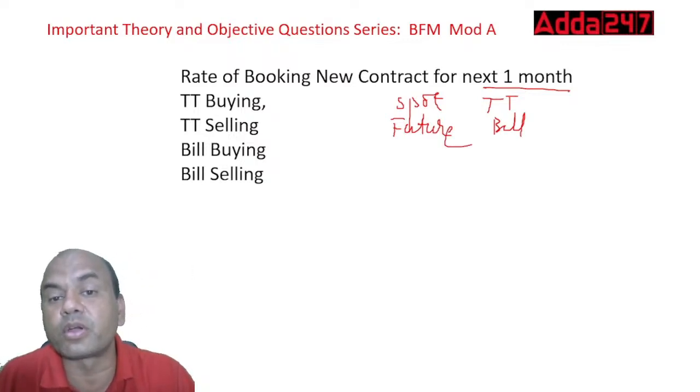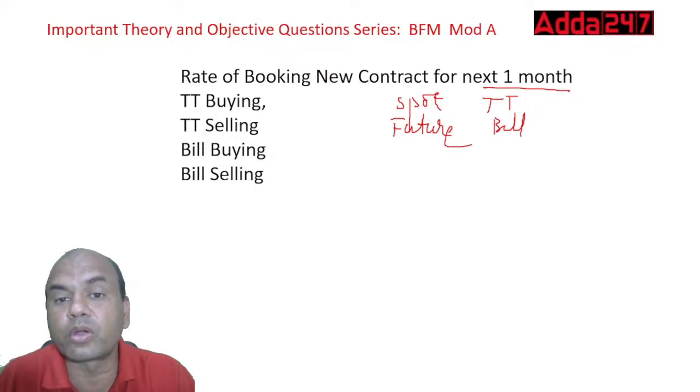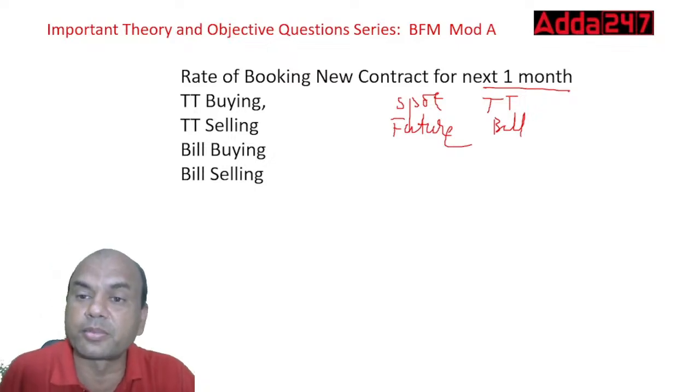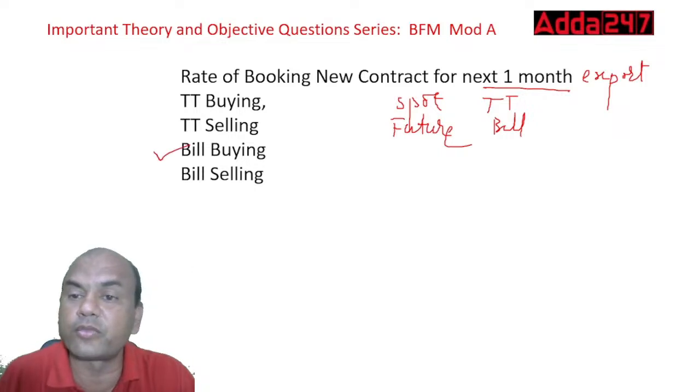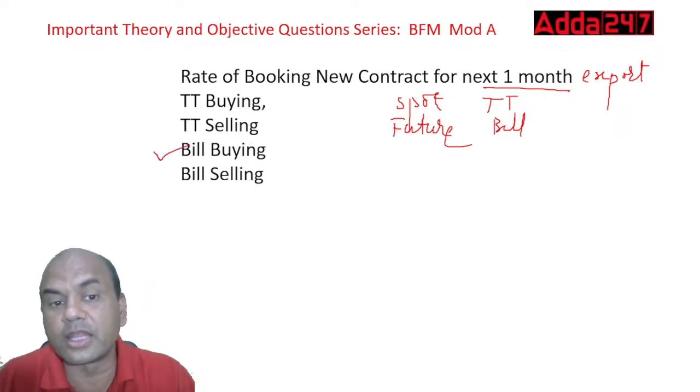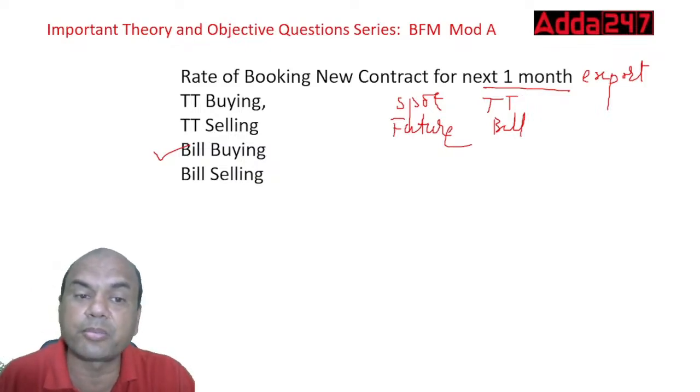But which contract? Suppose it is an export contract. Export means buying, so I'll be using the bill buying rate. If it's import, then I'll be using the bill selling rate. So for next 1 month export, you'll be doing it at the bill buying rate.